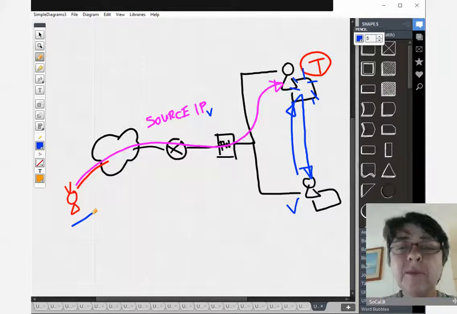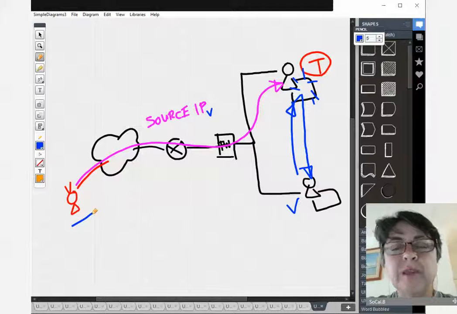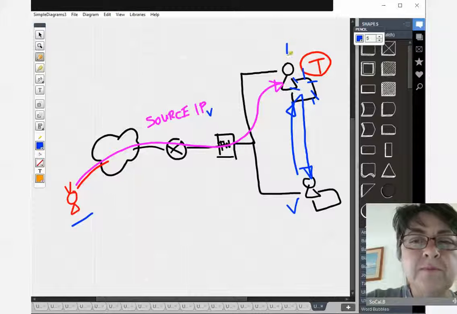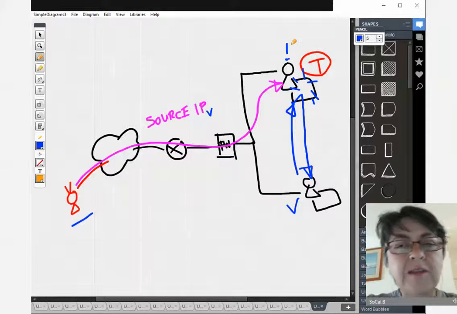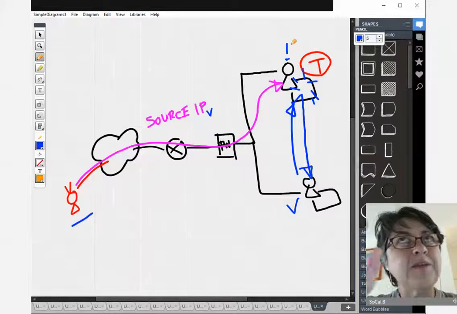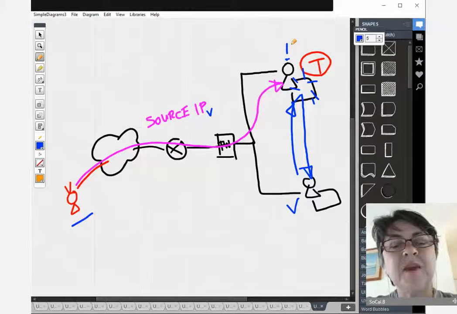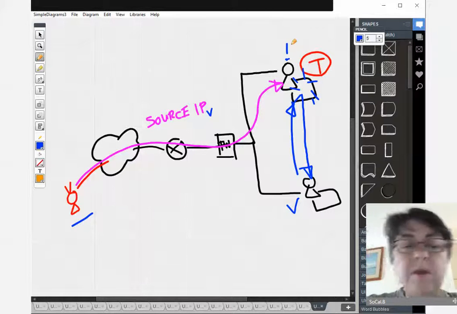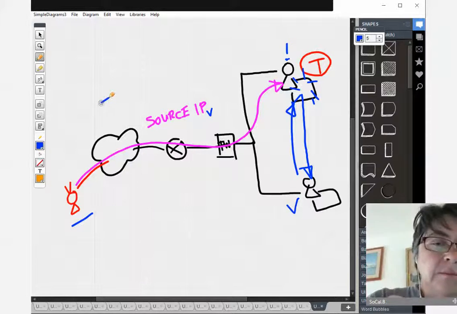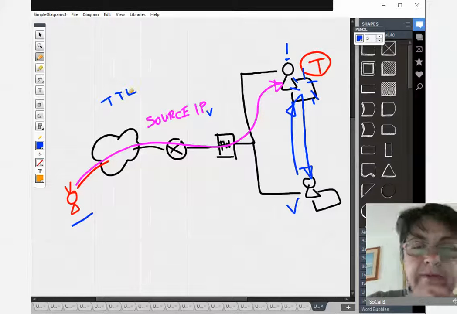So then how would the traceroute thing come into play? Well, before we do the traceroute, how can this person say, you know that attack that I just got, I think it's a spoofing attack? How would this person know that the initial attack that came through was spoofed? Well, a couple of things. Remember the TTL, time to live?